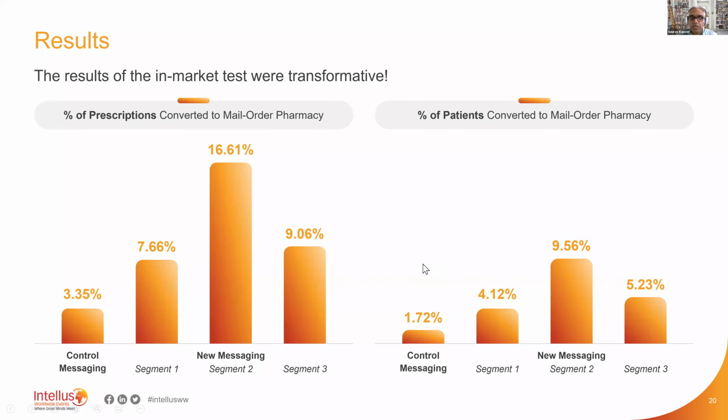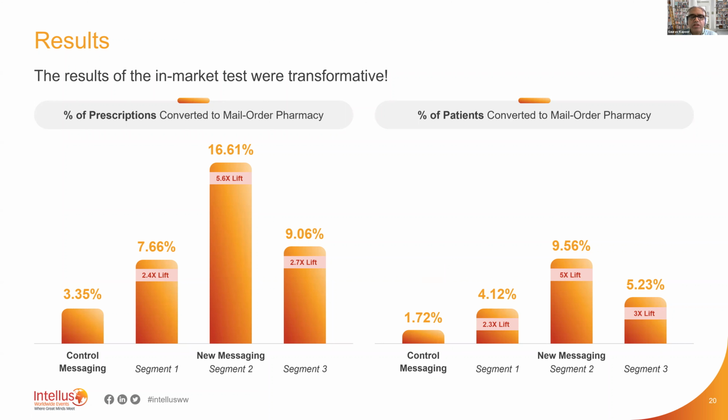And you can see the improvement, the lift from the control, was very significant, somewhere in the range of 2 to 6 times better conversion rates, whether you look at the number of patients converted or the number of prescriptions converted.